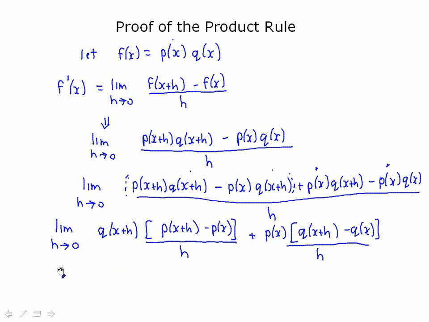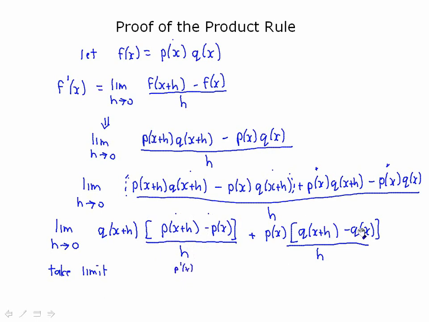And then we now take the limit. So taking the limit would essentially mean that we replace h with 0 if we can. Now we're going to run into a problem though, because of course we have that 0 on the bottom. But if you take a look at this first little grouping, p at x plus h minus p at x over h, note that that is actually equal to p prime at x.